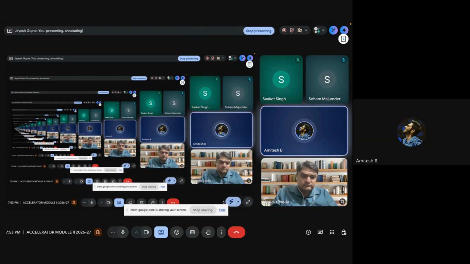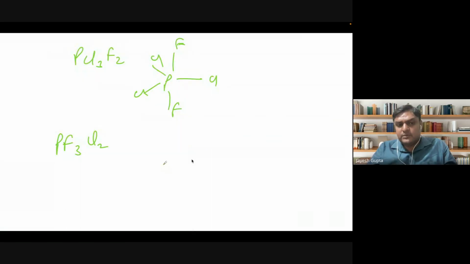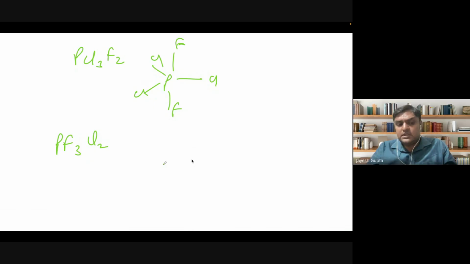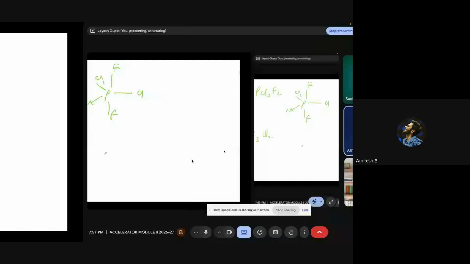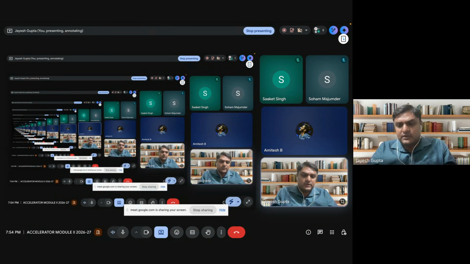Sir, first I was given PCl3F2, then it was changed to PF3Cl2. You tell in terms of equatorial and in terms of axial which position has how many atoms and which type of atoms.